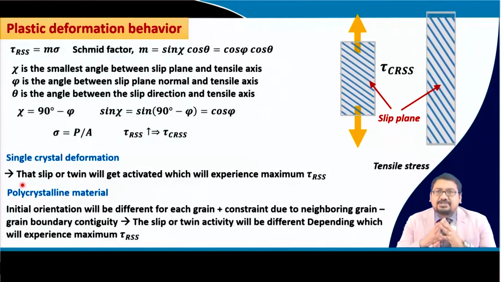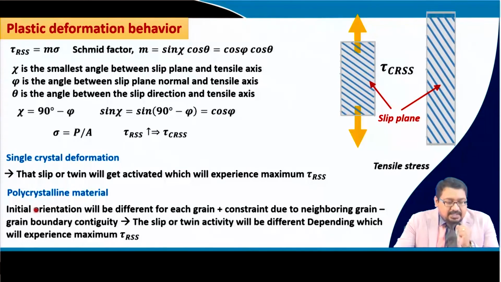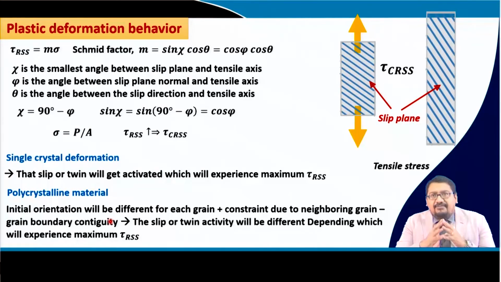In case of polycrystal material, however, the initial orientation of each grain present in the polycrystal material may be different, and there will be constraint due to the neighboring grain. So, the grain boundary has to be intact. So, the grain boundary contiguity has to be maintained.